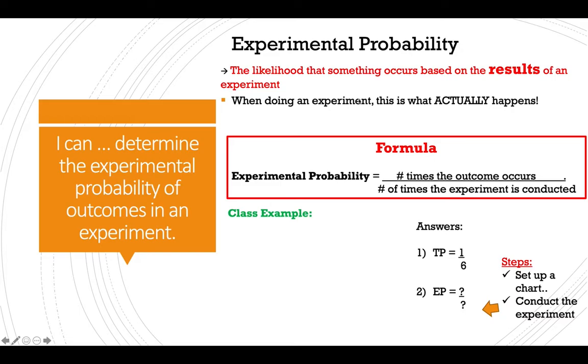Sometimes, the theoretical probability and the experimental probability will be the same. So, for example, when they're trying to figure out different cures for coronavirus, they would want the theoretical probability of it working to match the experimental probability. That's kind of what you hope for.